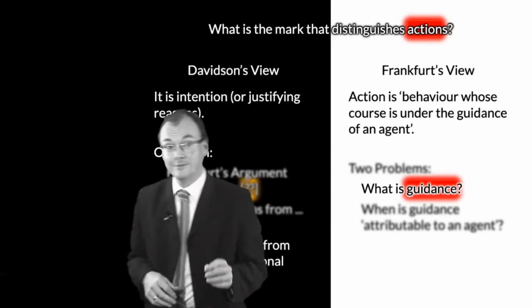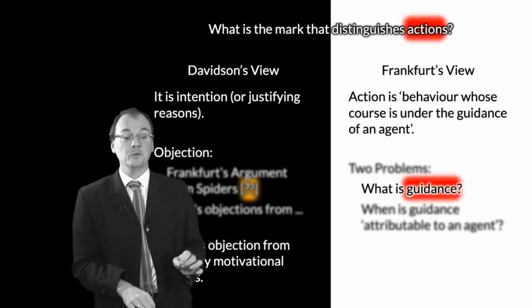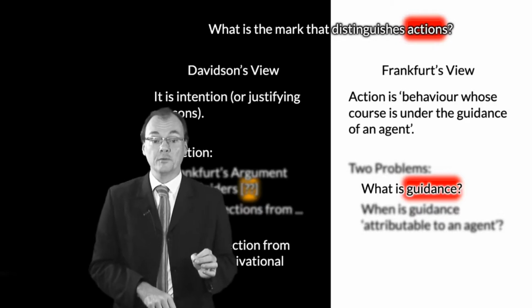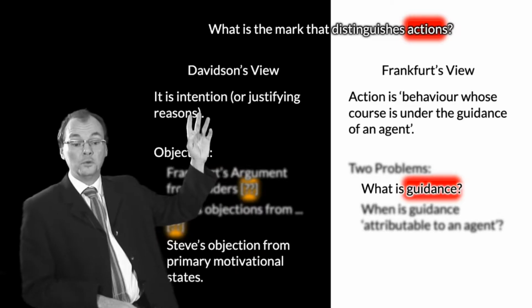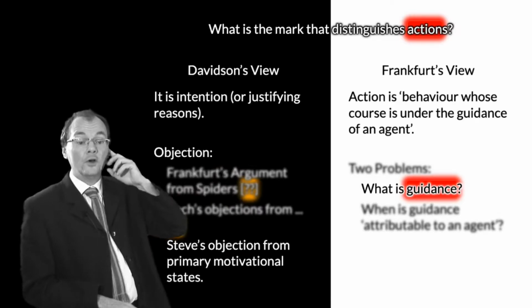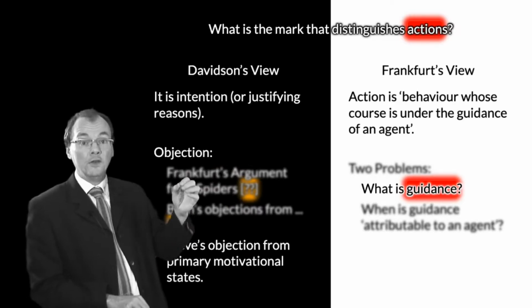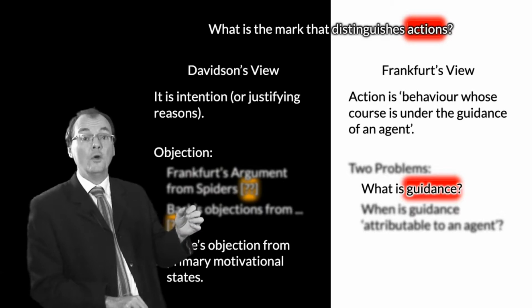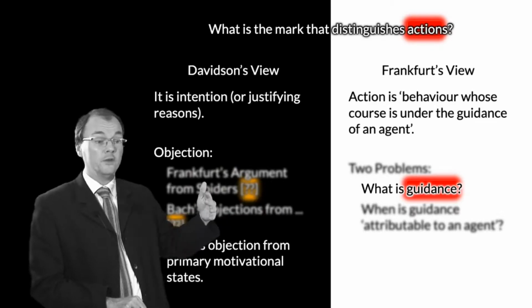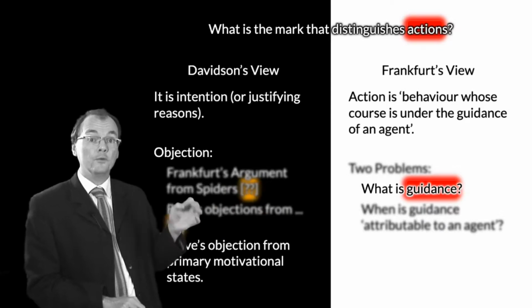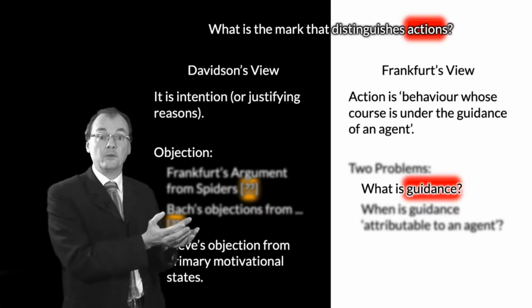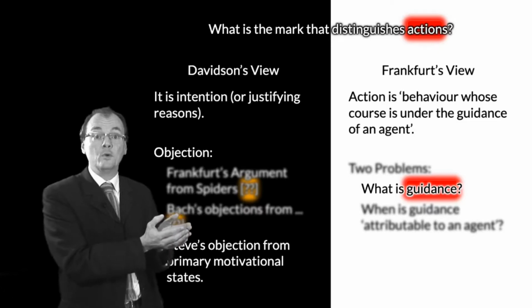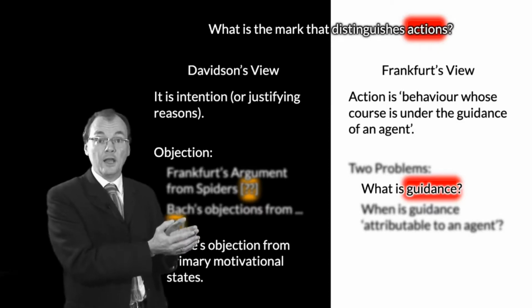On the other hand, Frankfurt has taught us something super important, and this is that if we want Davidson's view to work at all, we'd better think of intention not merely as somehow causing action, leaving open how that cause is, but rather we'd better think that intention plays a role along with other mental states in providing for the guidance of an action as it unfolds.